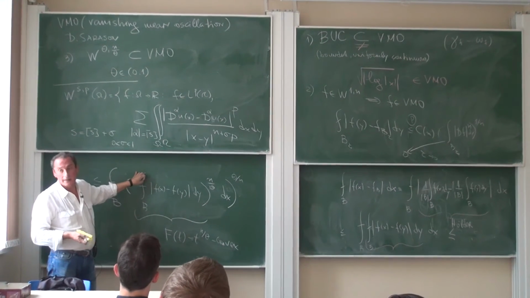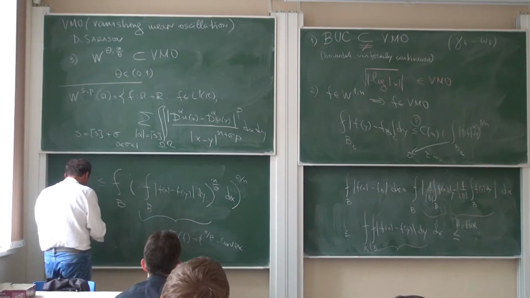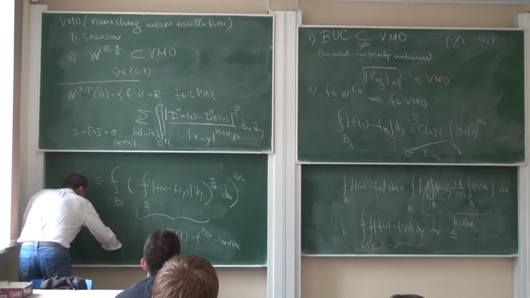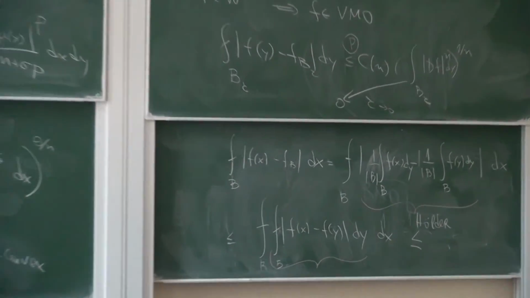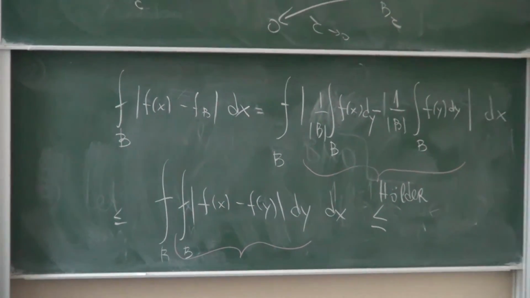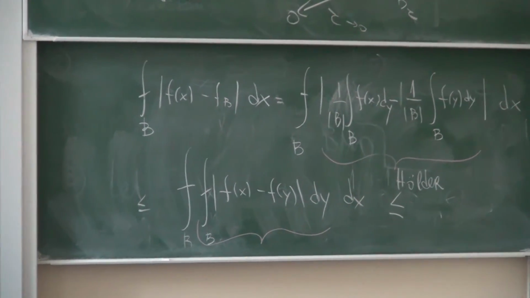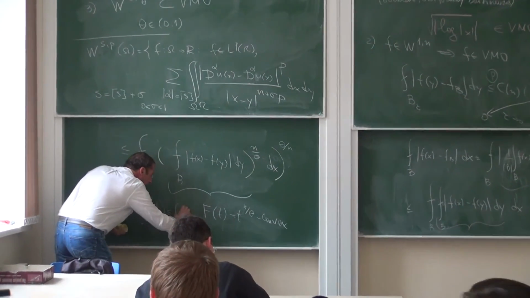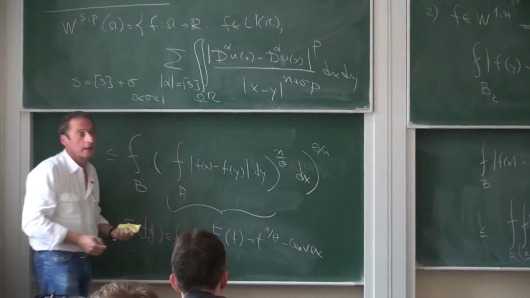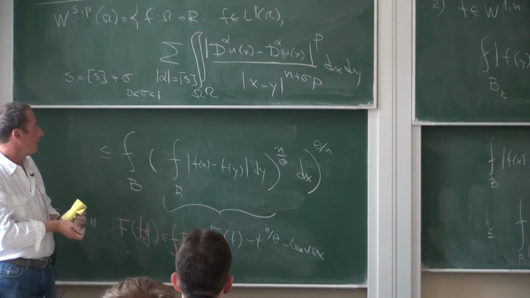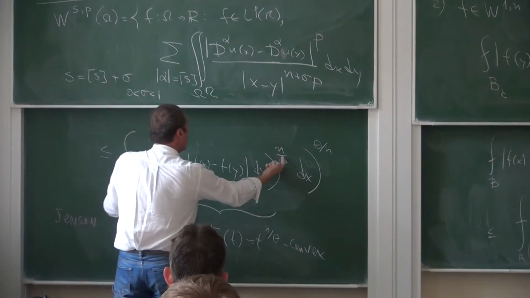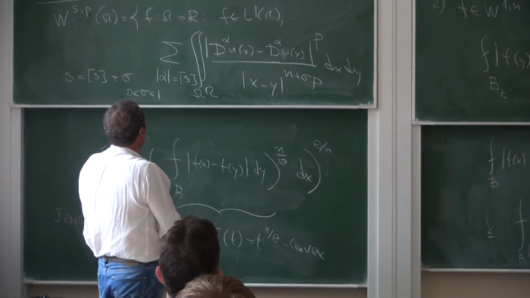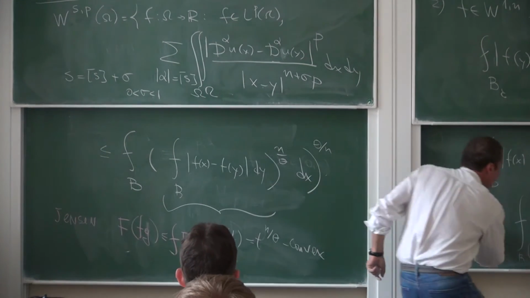And I remember now the Jensen inequality, which says that a convex function applied to the mean integral of some g is less than or equal to the mean integral of the convex function applied to the integrand. So it means, roughly speaking, that this exponent can be inserted inside this mean integral.